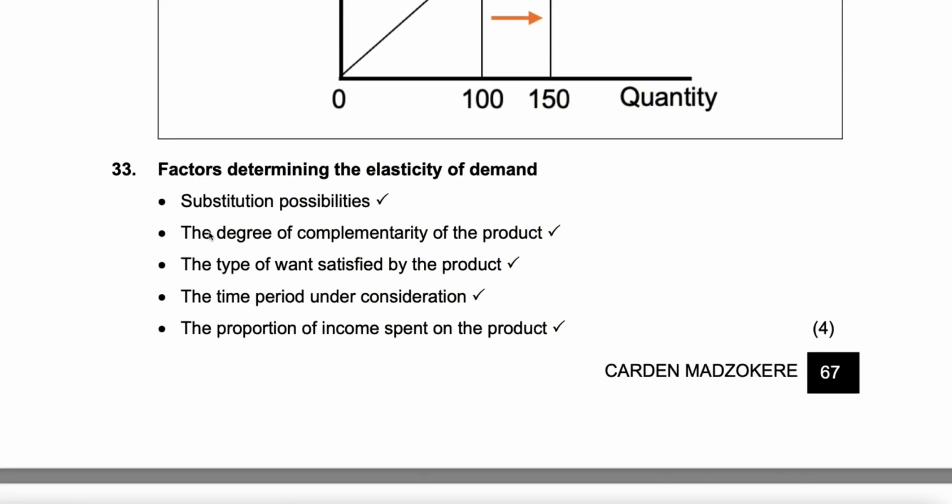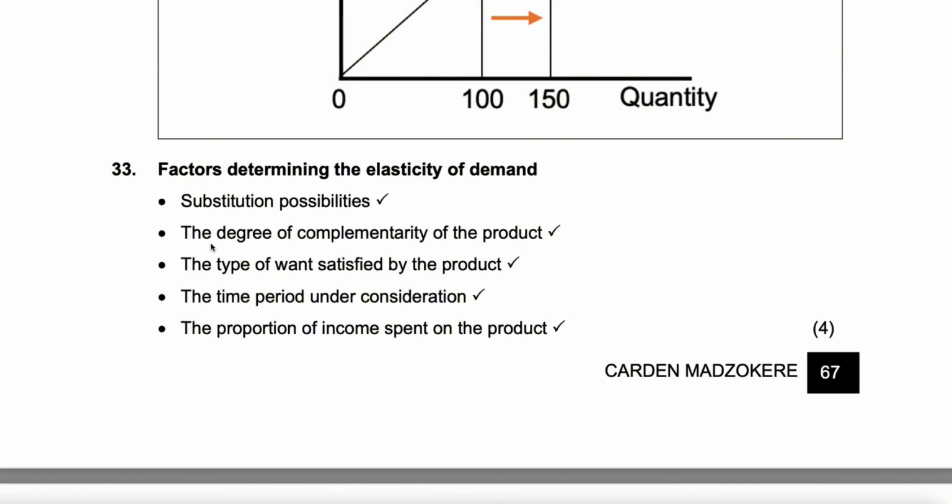And so we can just have a look. Substitute possibilities, the degree of complementarity, meaning if a good is a complement and its price goes down or up, it will determine how elastic the product will be. A good example is salt. Salt complements so many goods, right?